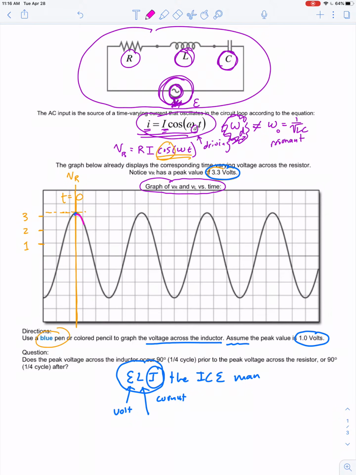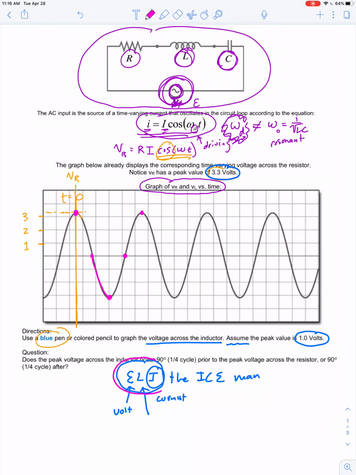So the voltage across the resistor after a quarter cycle drops from its maximum value down to a value of 0. And then another quarter cycle later, so a total of a half cycle from time t equals 0, the voltage across the resistor has a maximum magnitude but negative, right? It's reverse polarity. At 3/4 of a cycle, it's back to 0, and in a full cycle, it returns to its maximum value.